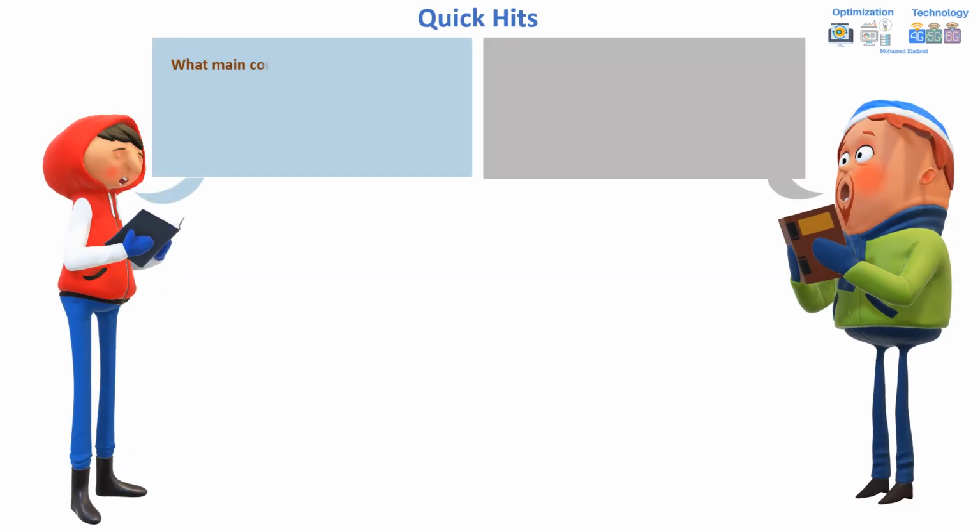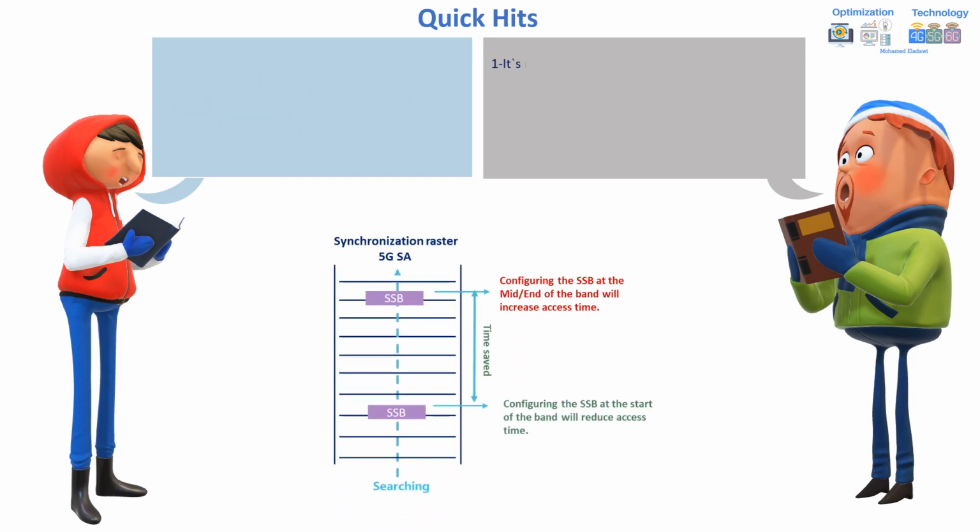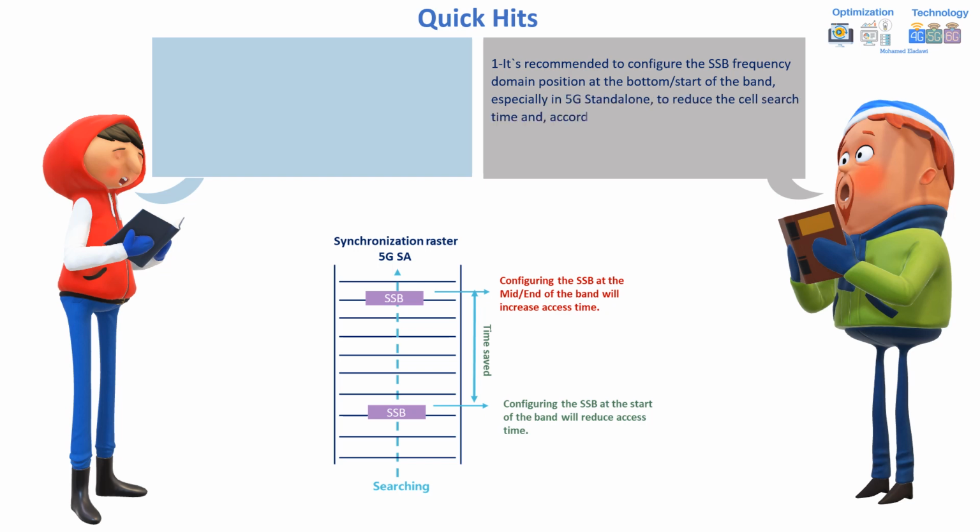What main concerns and recommendations need to be considered when configuring the SSB frequency position? It is recommended to configure the SSB frequency domain position at the bottom/start of the band, especially in 5G standalone, to reduce the cell search time and, accordingly, improve the access delay.